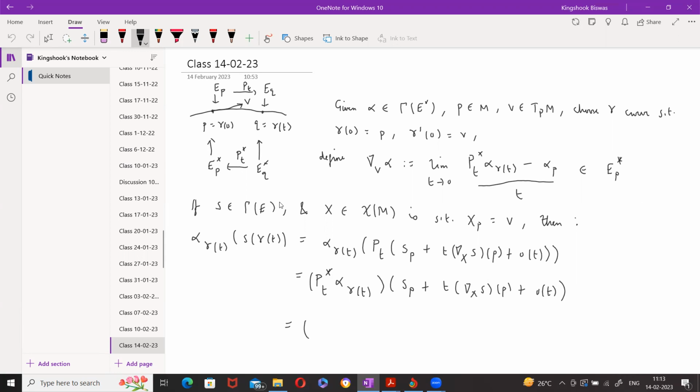In that fiber, I can write it as alpha at P plus t nabla X alpha at P plus little o of t, by this definition here. It just follows directly from the definition.